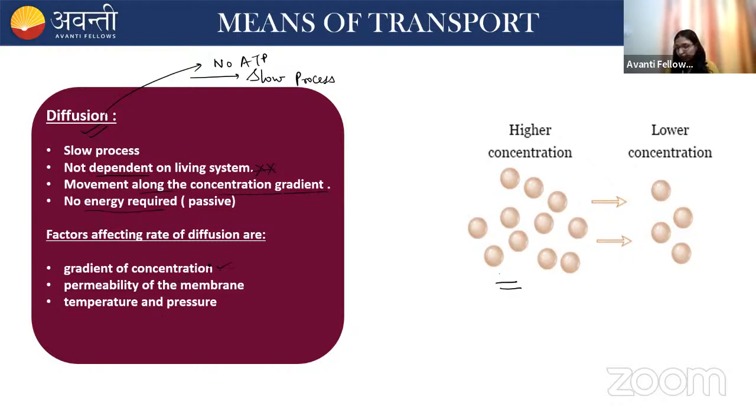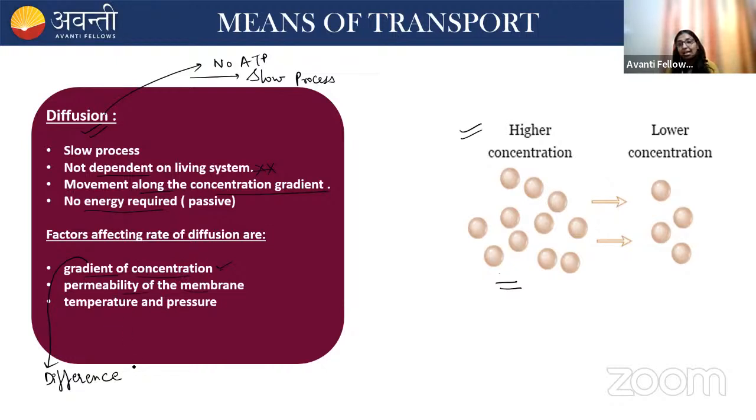There are many factors which affect the rate of diffusion, like the gradient of concentration. Gradient always means difference. You can see this in the diagram. There is a difference in the concentration. At one point, the concentration is high; at another point, the concentration is low. So there should be a gradient of concentration for diffusion.